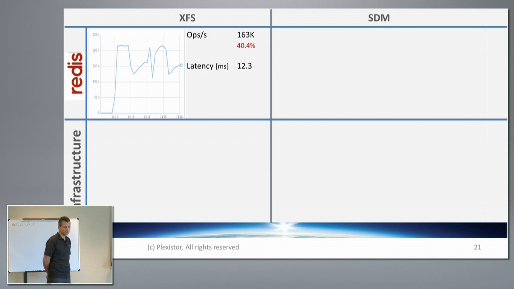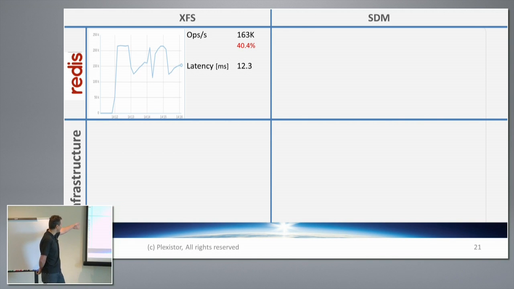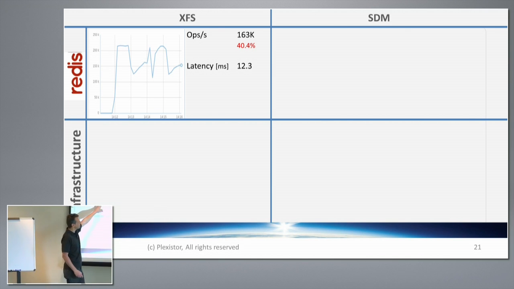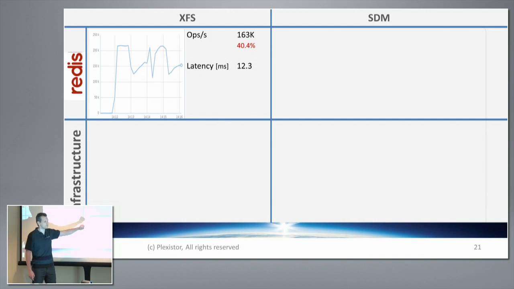Another example that's not a synthetic benchmark. In this case, this is Redis. Slides are slightly cut on the edges, but it's Redis, and we're comparing XFS, which is a lot faster than ZFS, so we skipped ZFS in this case, and SDM underneath Redis.